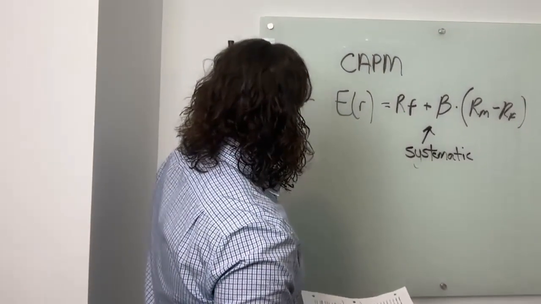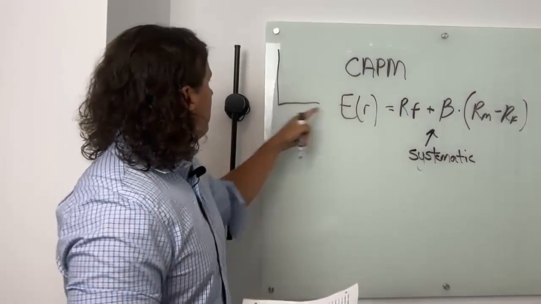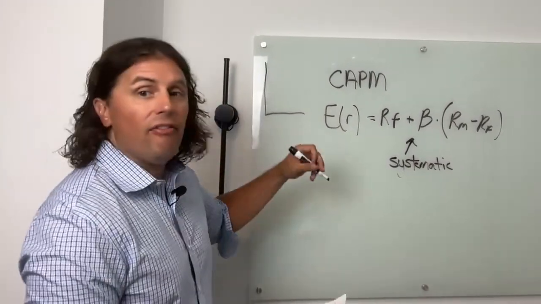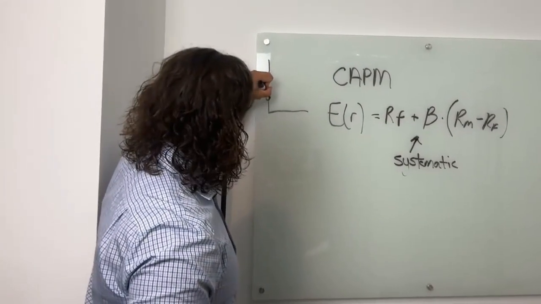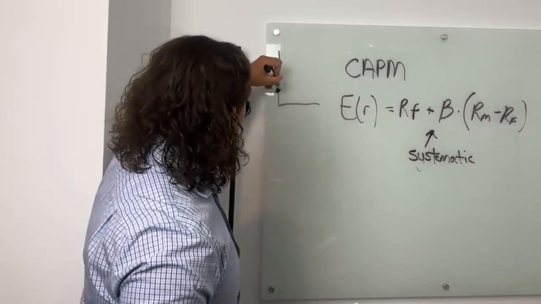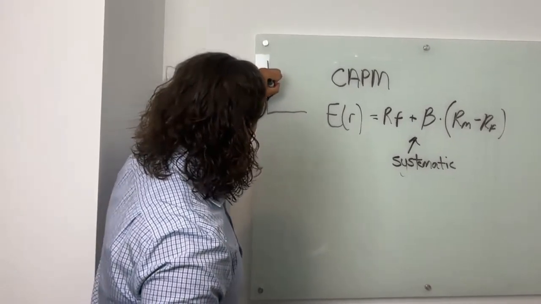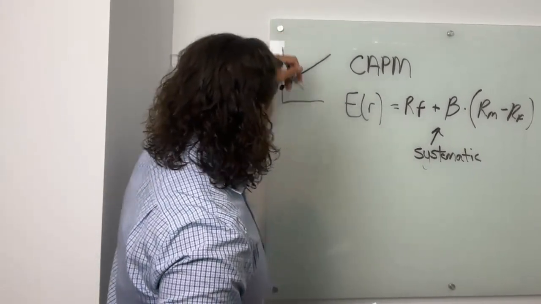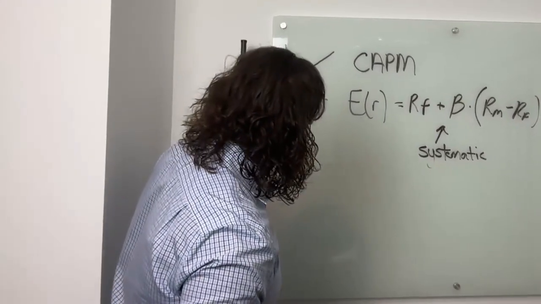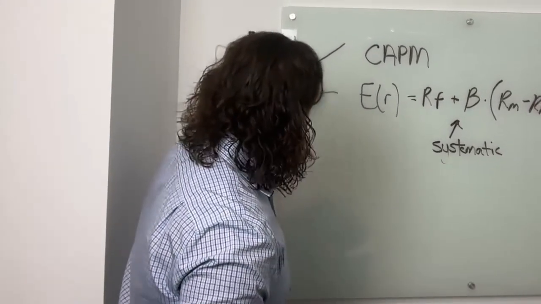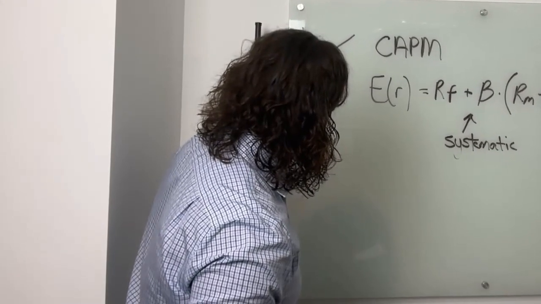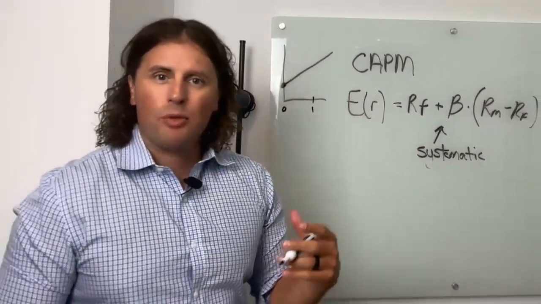So what we see here on a chart is, on the y-axis, our risk-free rate, whatever that is, and then it follows this nice, pretty straight line. The x-axis starts at 0, and 1, remember, is the actual market.